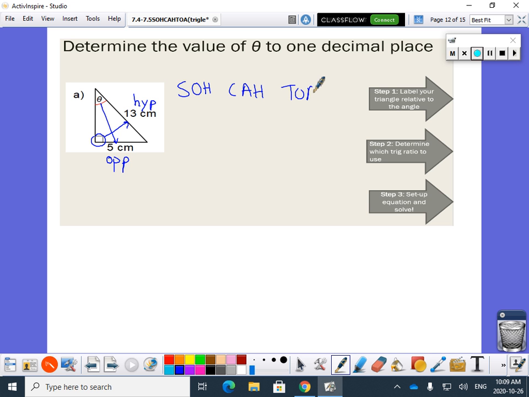SOH CAH TOA, step number 2, determine which trig ratio. Well, we're dealing with hyp and op, which is going to be which trig ratio? Sine, good. Sine theta equals opposite over hyp.